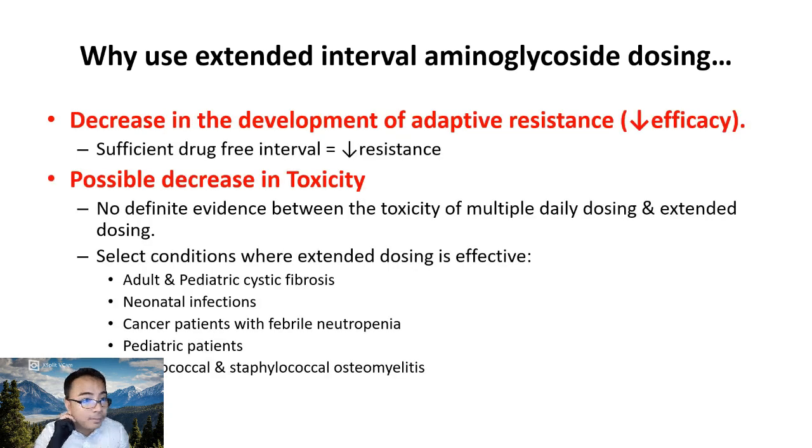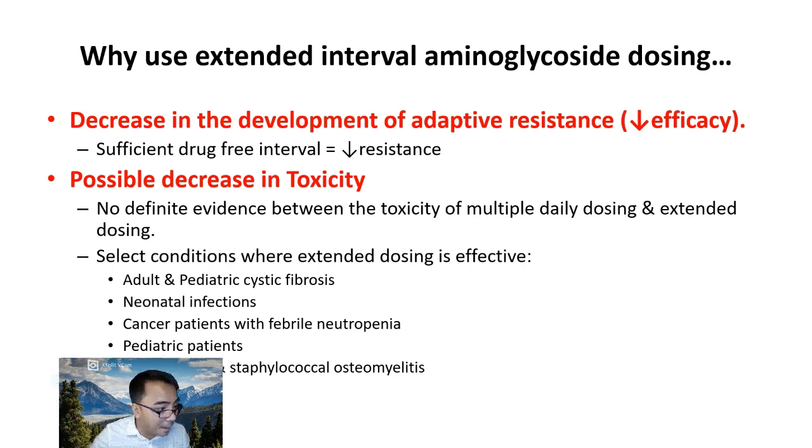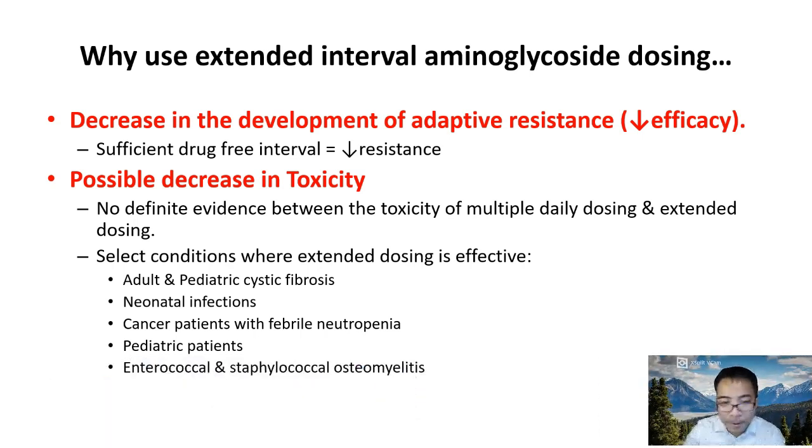Alright, so what are other reasons? Okay, by giving the drug class at high amounts, right, it actually gives you sufficient drug-free interval. So meaning may mga times na walang gamot sa katawan mo. And that prevents, class, the onset of resistance. Remember, class, what resistance does? Okay, the more a bacteria is exposed to a drug, mas na-develop, mas nakikilala niya yung drug, mas nakapag-develop siya ng resistance towards it.